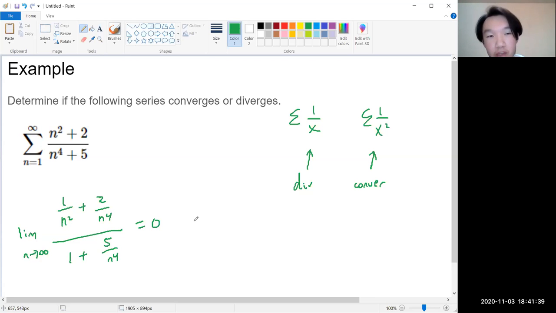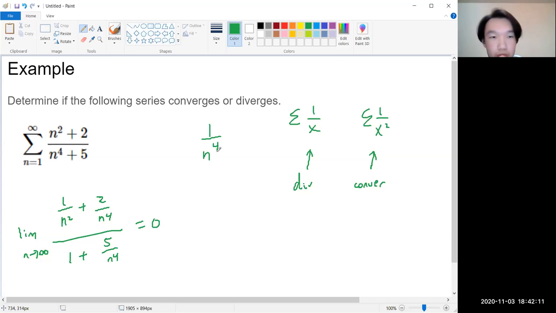There is a different method that I'm trying to get at. Does anyone see a way we can figure out that it converges through the comparison test? You can compare it to 1 over n to the power of 4. 1 over n to the power 4, that one?